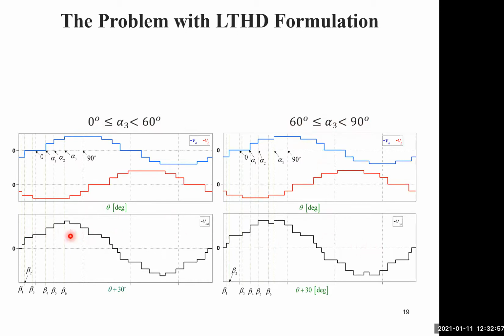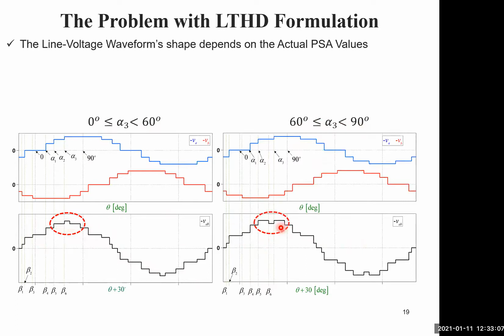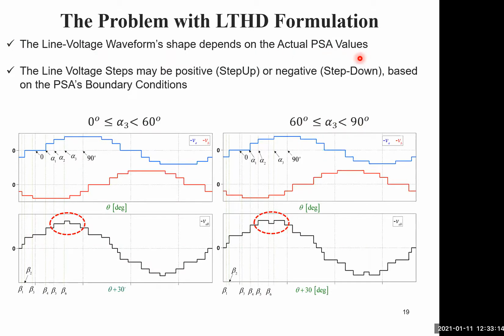Let's look at the corresponding VAB or line voltage waveform. You can see that here we have a step up, and here we have a step down. So the line voltage waveform shape heavily depends on the actual phase switching angle values, which may be step up negative or step down positive, depending on the boundary condition of a switching angle. See, this is a different boundary condition.